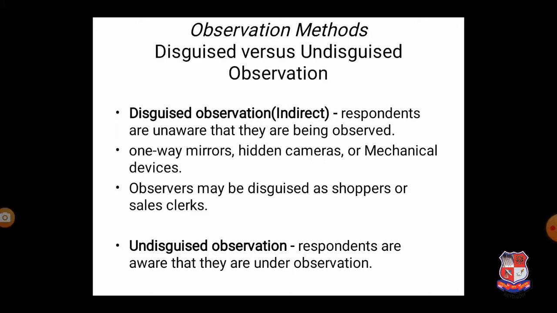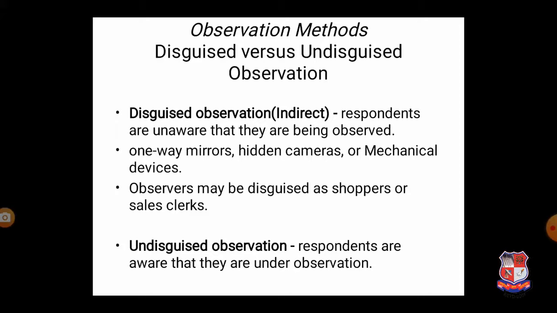For example, using a CCTV camera, if somebody is observing your behavior and you are not aware that the CCTV camera is in this premise or room, it is an example of disguised observation. Maybe the researcher is playing the role of a customer and observing how customers purchase from a retail store. Again it is an example of disguised observation.